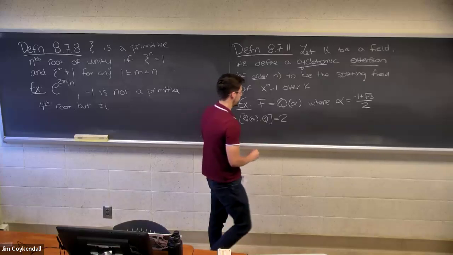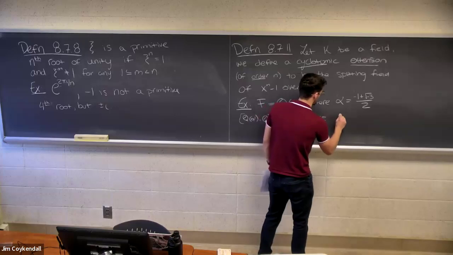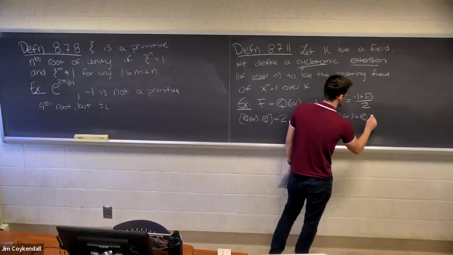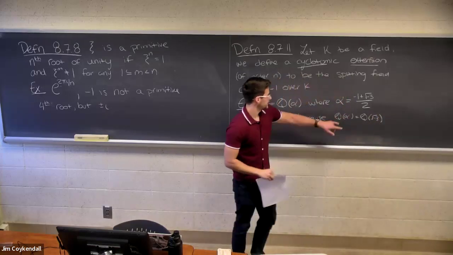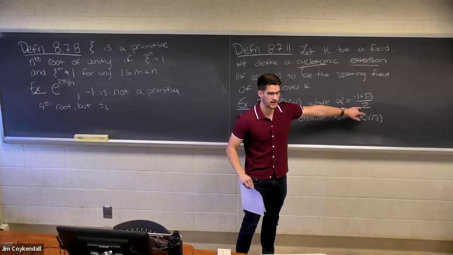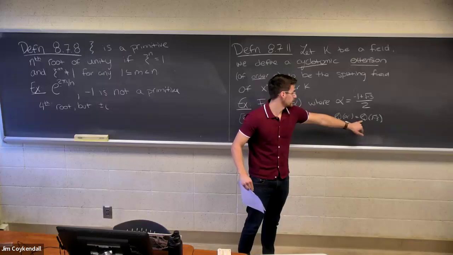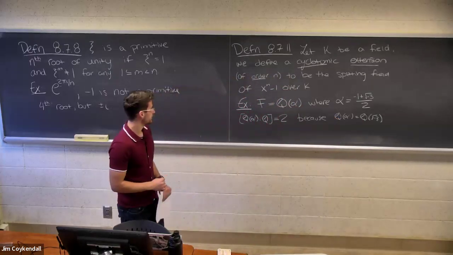And that's easy to see when we notice that Q adjoin alpha is Q adjoin the square root of -3, because you multiply by a rational, add a rational, and you get the square root of -3, over the field of the rationals, right?